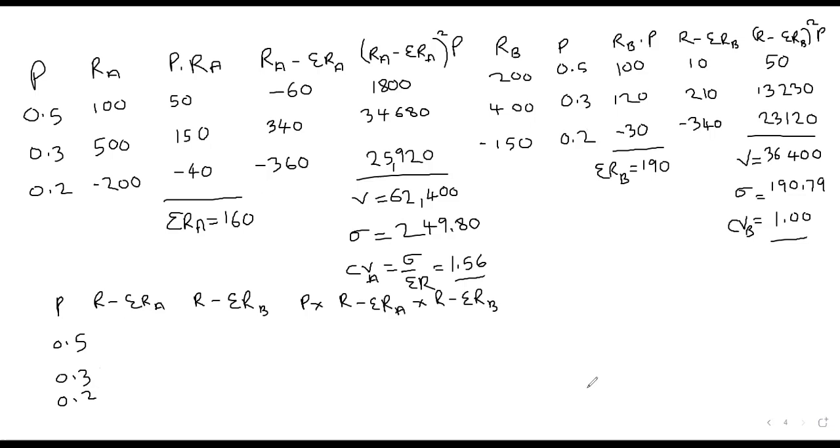See, these are key columns. You need to take note of them. These are the ones that are needed. So here we have negative 60, there we have 340, then negative 360.